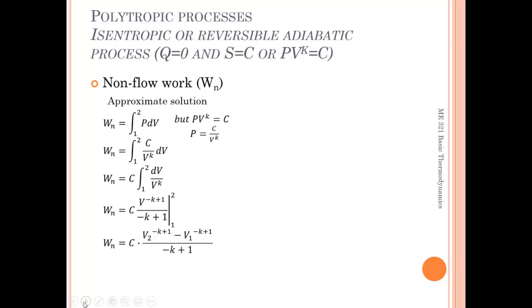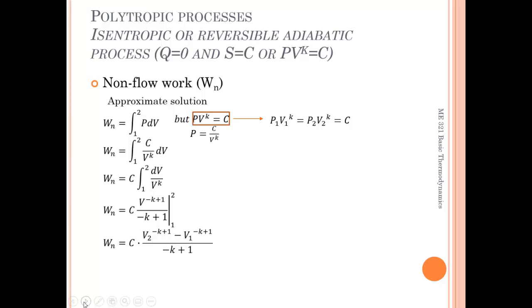Now to simplify this, remember that the arbitrary constant is just equal to PV raised to K. Since this product just remains constant anyway, then we can express this equation as the product of the initial pressure and the kth power of the initial volume.